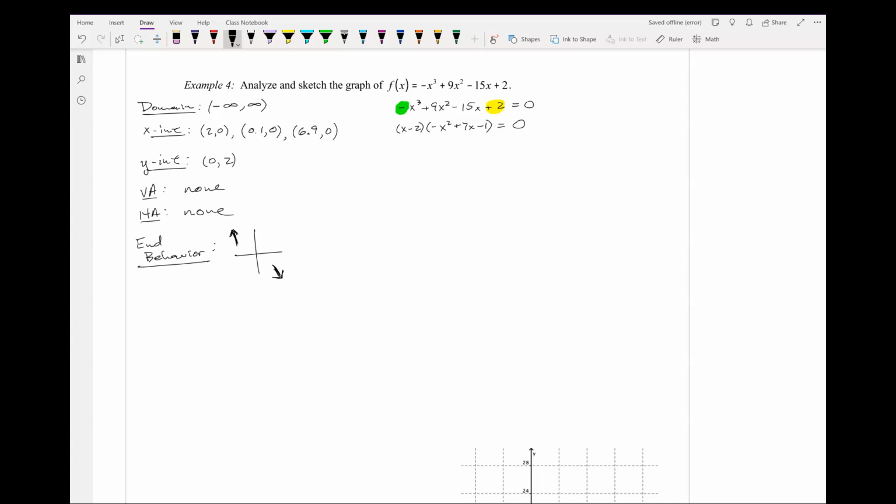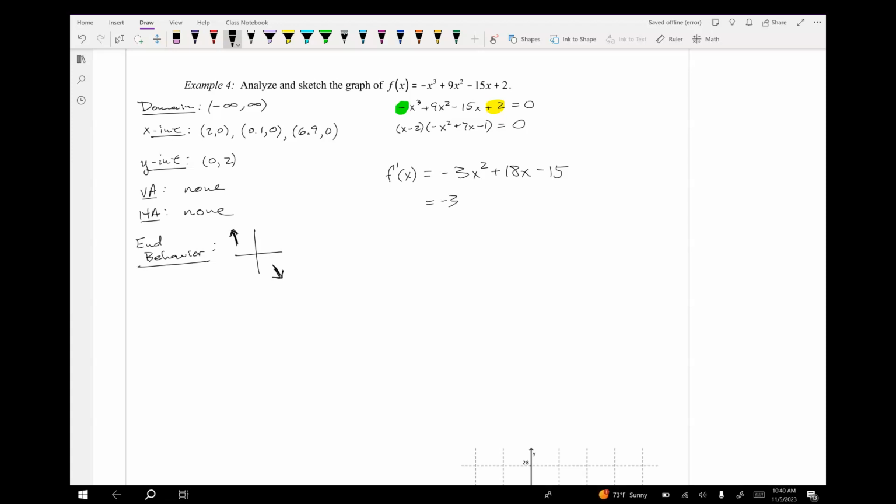All right, let's go ahead and get some derivatives, find some critical points, and some possible points of inflection. So we have -3x squared plus 18x minus 15, and that's going to factor nicely for us this time. So we have critical numbers at x equals 1 and 5.